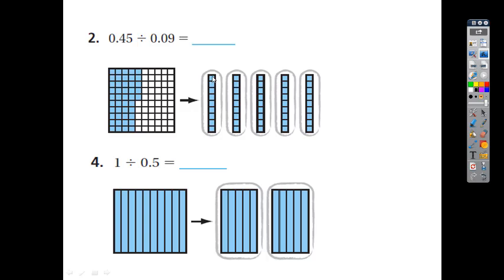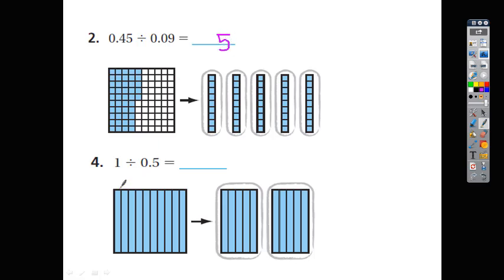That means you have to divide this into 9. So how many 900 are there here? You can see there are 5: 1, 2, 3, 4, 5, 6, 7, 8, 9. So there are 5 groups of 900. So the quotient will equal 5.